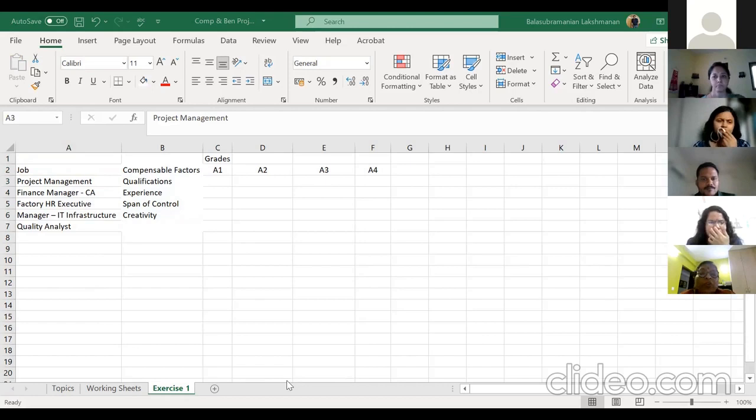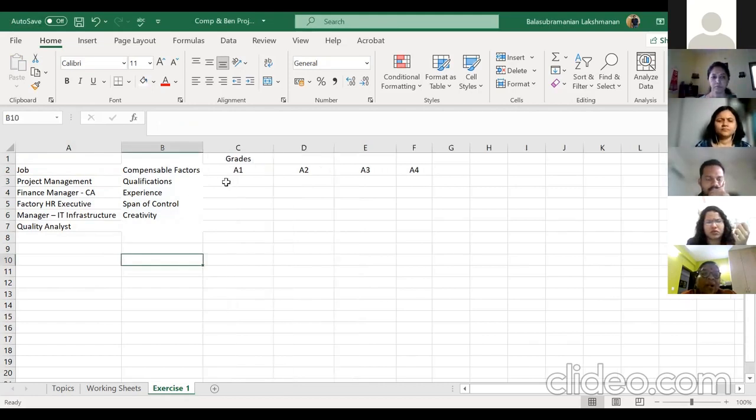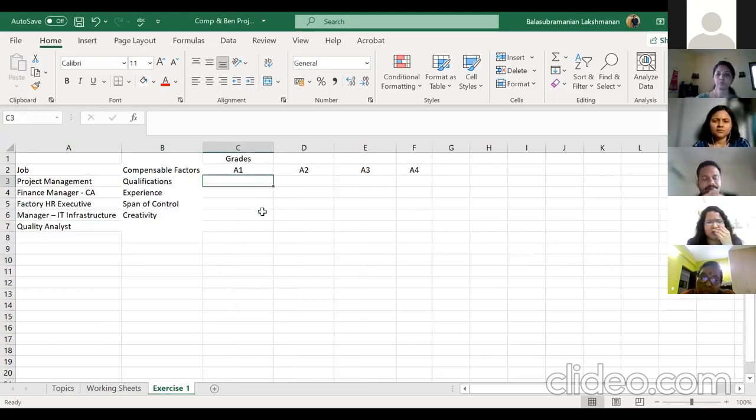Now what you need to do is write for grade 1. What is your grade 1 descriptor under the compensable factor qualifications? Now just hear me out. When you are writing the grade 1 compensable factor descriptor for qualification, you will take into consideration all the departments and all the positions of this organization, and typically say that for an entry level, whether it is for project, IT or finance, I will take into consideration these qualifications.